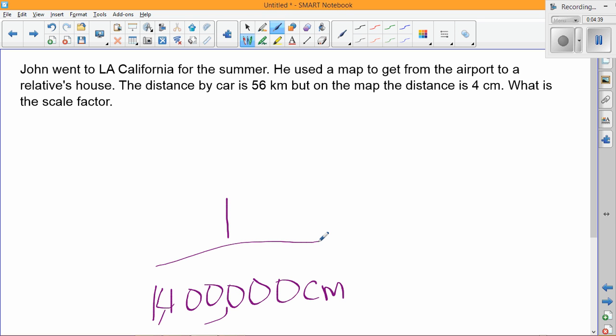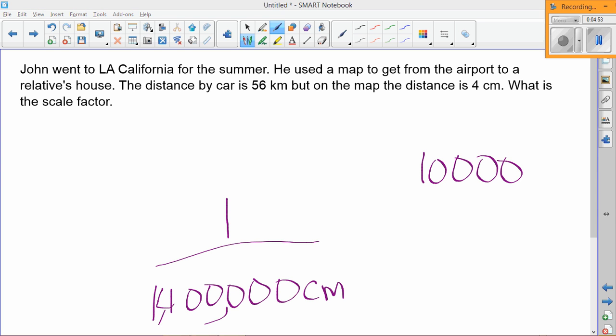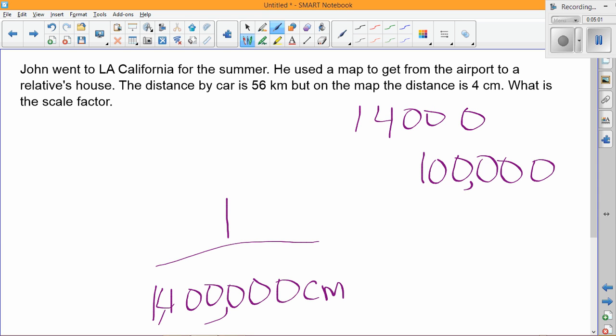But now I don't really like that it's 1,400,000 centimeters. I want it in kilometers. So if we know that there were, I'm sorry, 100,000 centimeters in 1 kilometer, we can take 1,400,000 centimeters divided by 100,000 centimeters.